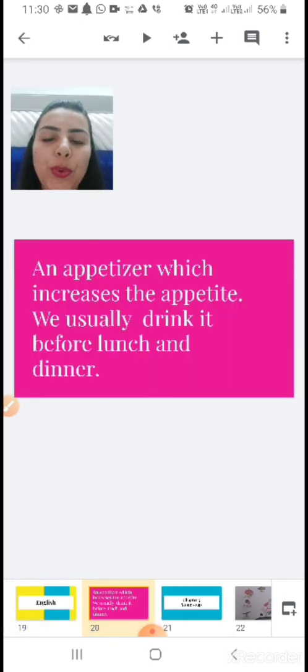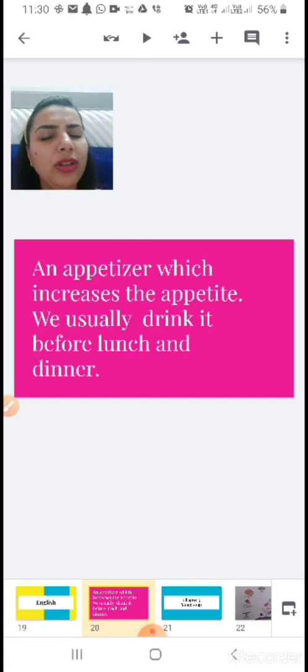An appetizer which increases the appetite, we usually drink it before lunch and dinner. So it is a kind of appetizer which we usually drink before our lunch or dinner to increase our appetite.